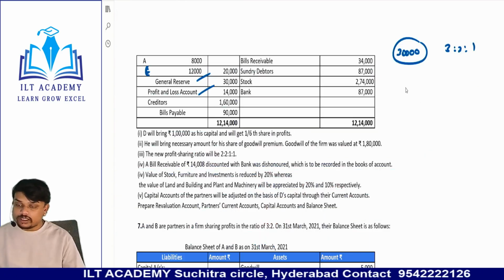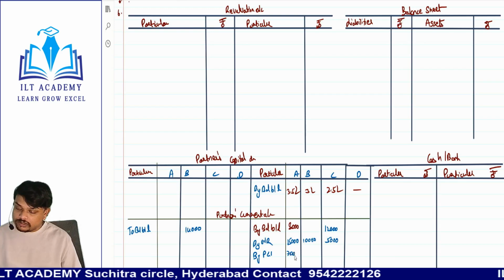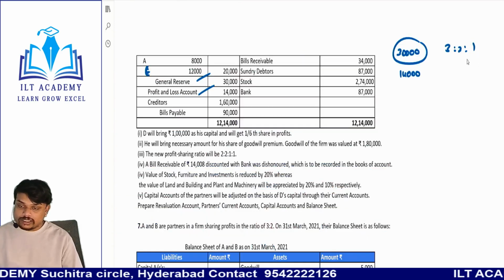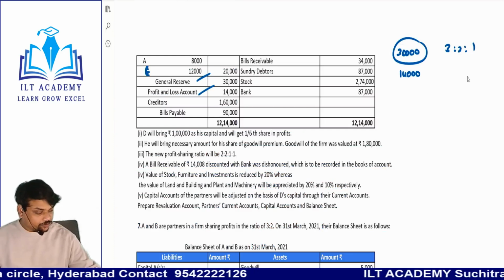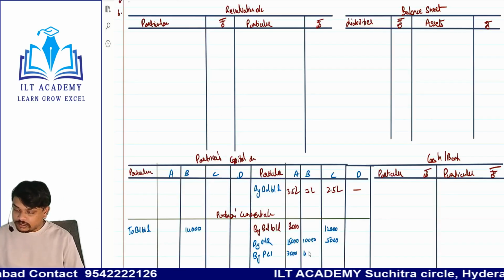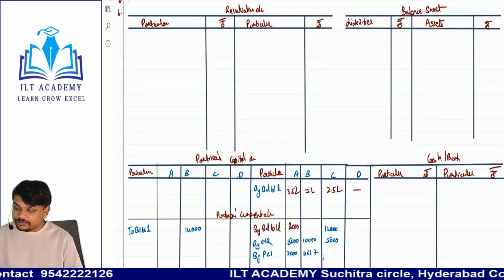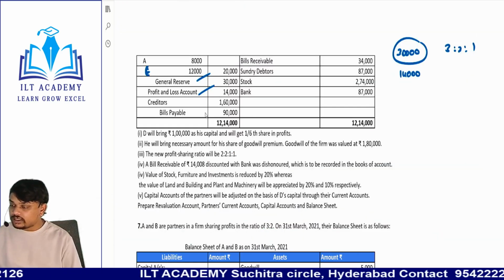P&L account consists of 14,000, so when we distribute it, it will be 7,000, 4,667 and 2,333. This goes for general reserve and P&L account.